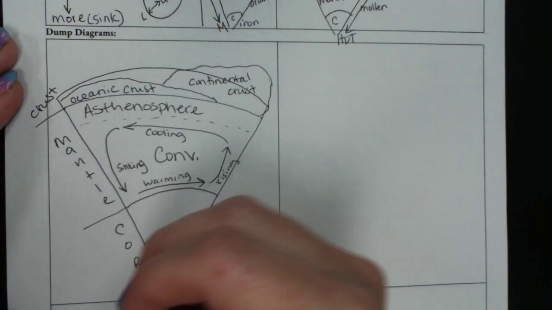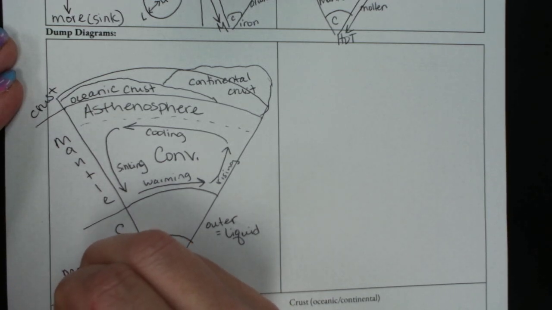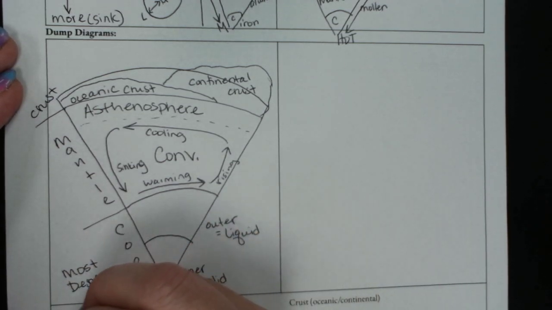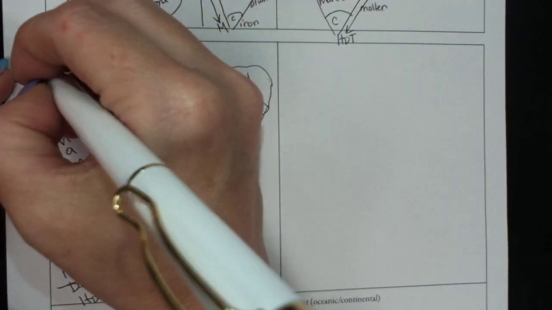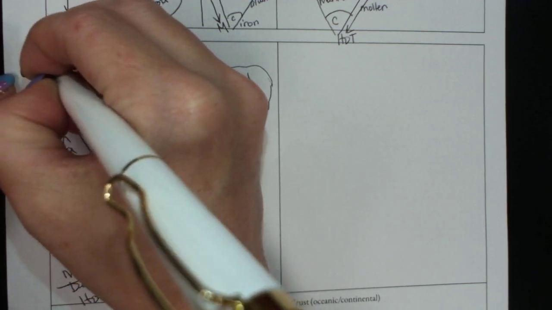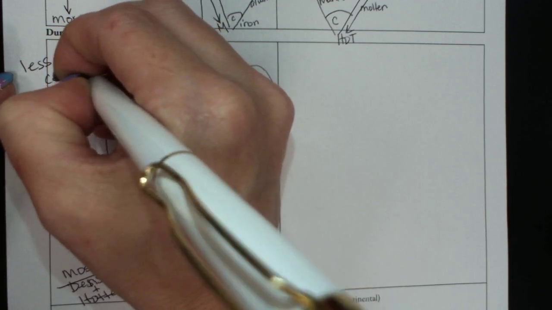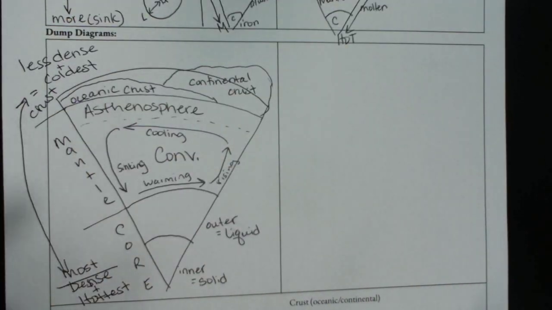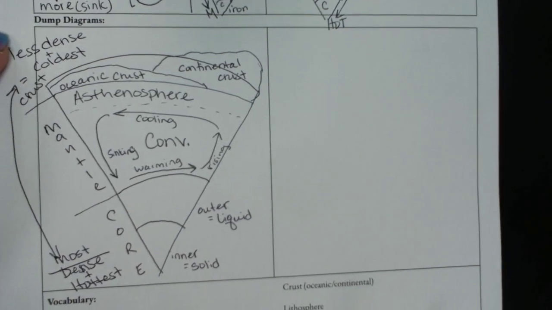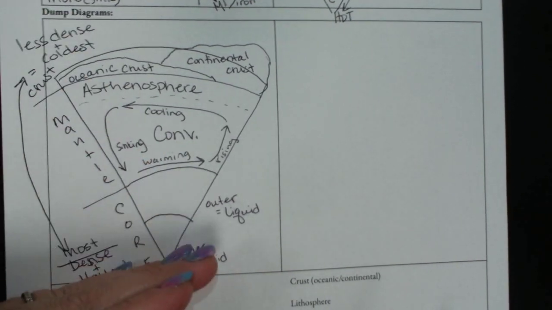We could also put, let's do most dense and hottest. We can up here write that this is less dense and coldest. Most dense, least dense. So it goes from coldest to hottest, from least dense to most dense.